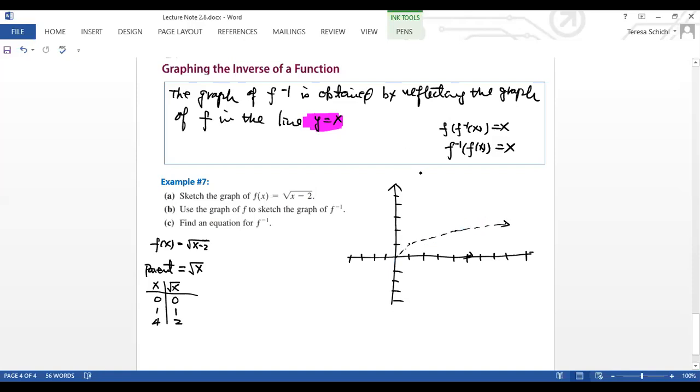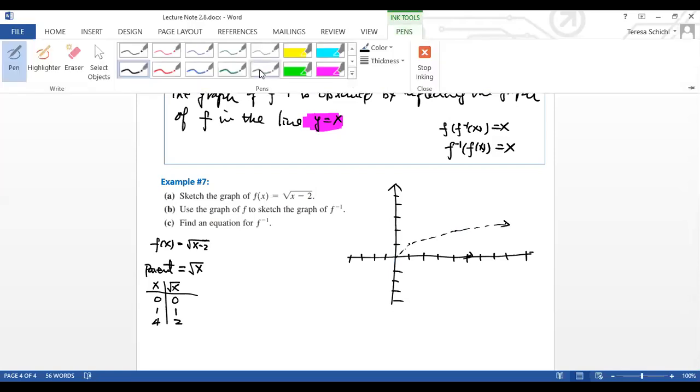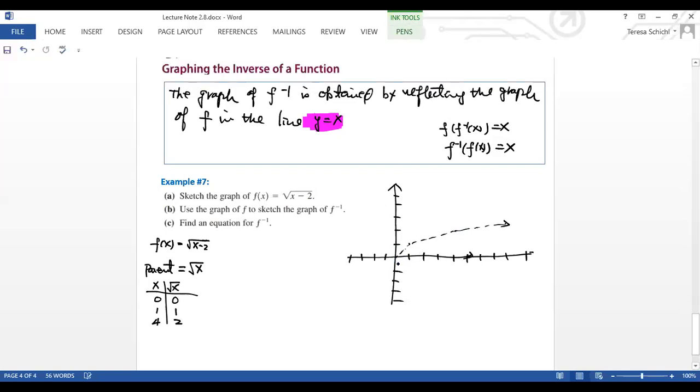Okay, now I'm shifting to the right 2. So for this function, shift to the right 2. So this first point is shifting to here. The second point goes to here. The third point is 4, right? 1, 2, 3, 4, shifting 2, so here, go here. Right?